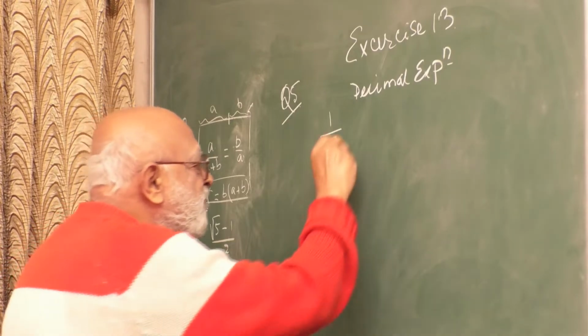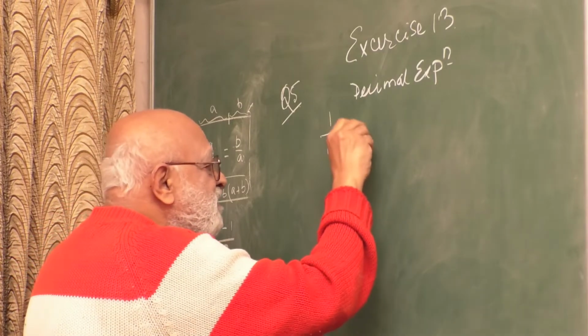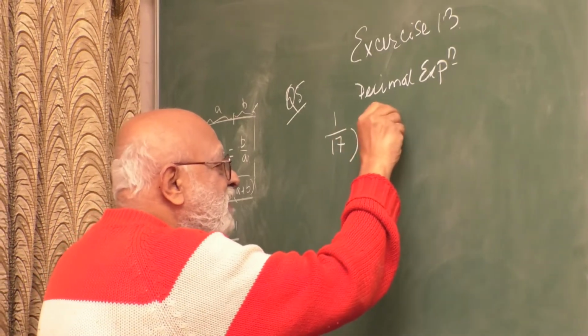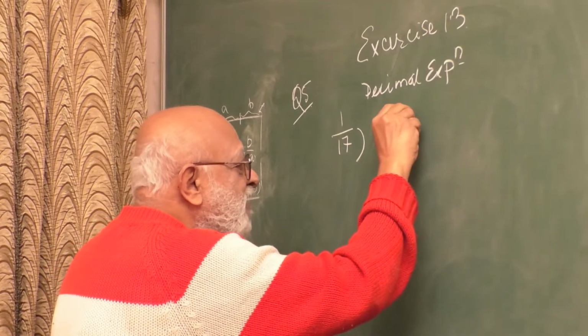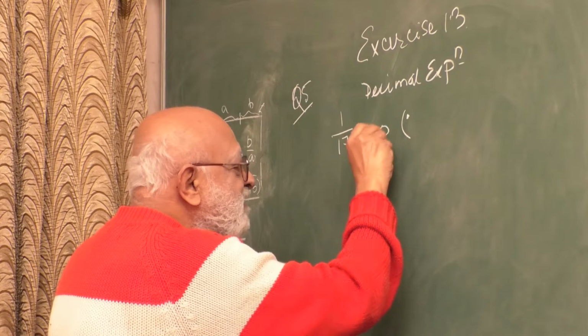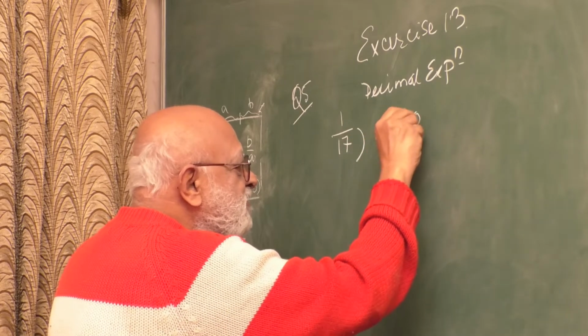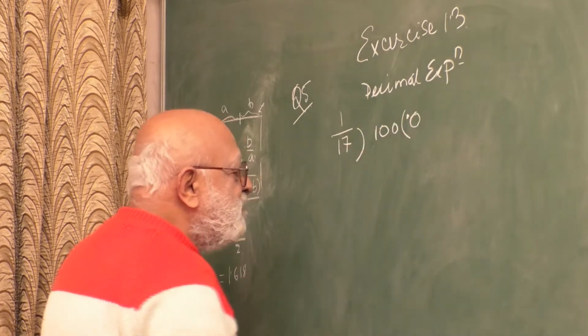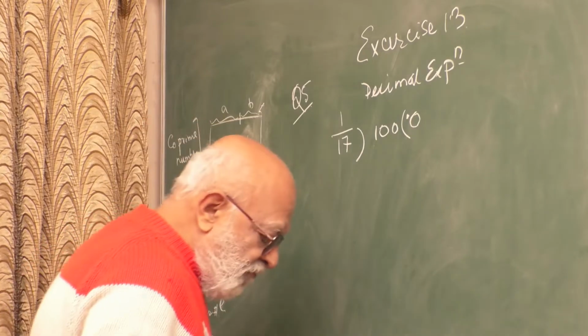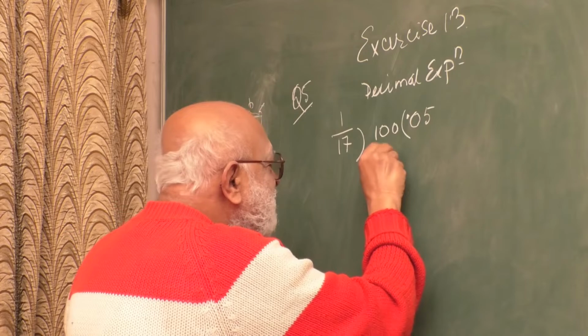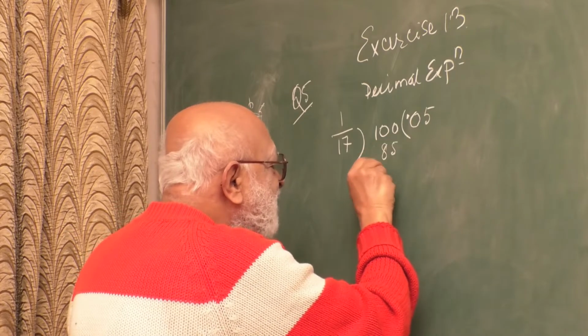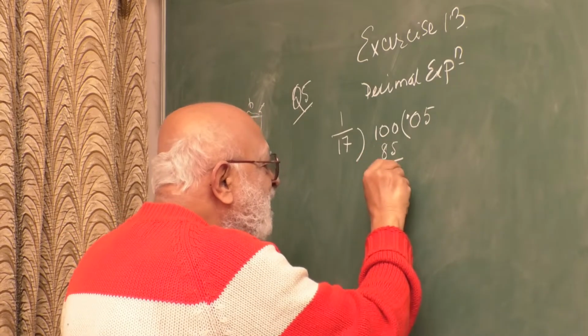So first of all, let us try with this one. This is the long-hand method. So first it doesn't go, so put a point, so you get 10. It doesn't go, so you put a 0, so you get 100. Okay, so first one would be what? 5. That is 85. That gives you 15.